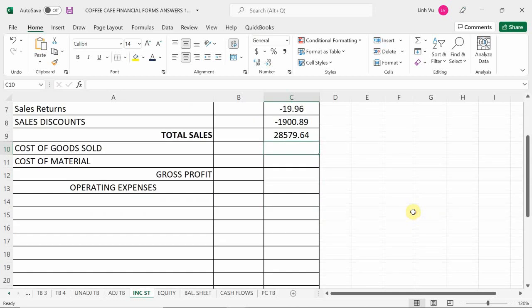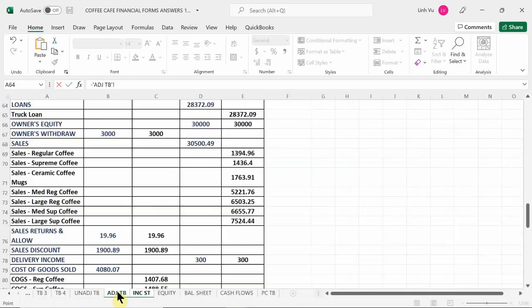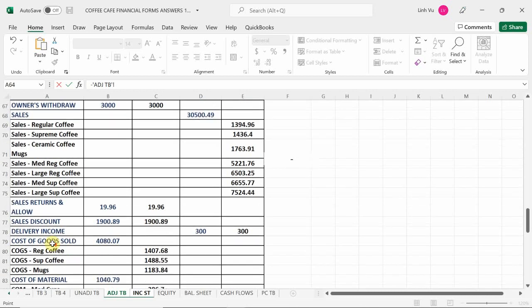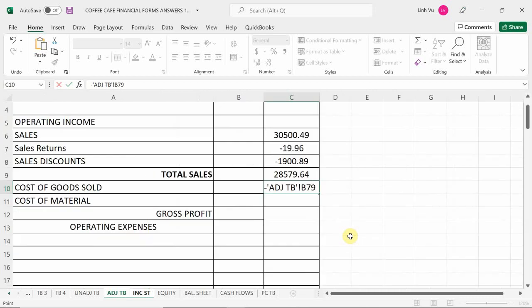Now, the things that we have to counter them against, the very first one is directly correlated to inventory, which is going to be your cost of goods sold and your cost of materials. Now, these you have to subtract. So what was the total cost of goods sold in your adjusted trial balance? Total was 4,080.